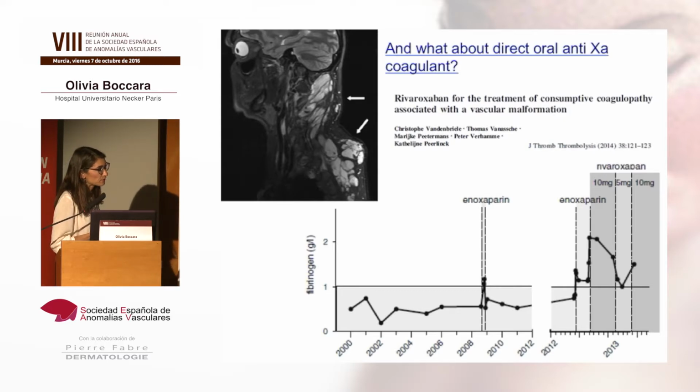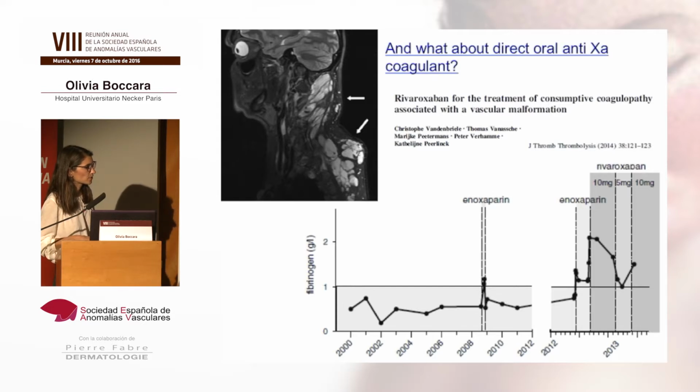There are very few case reports in the literature, such as this one of this woman who has a huge venous malformation on the neck and the back, and she was used to enoxaparin treatment, and she stopped the treatment at one moment. You can see that she has severe LIC because her fibrinogen level is very low, and she had a bleeding tendency. And in 2012, she had a very severe hemorrhage.